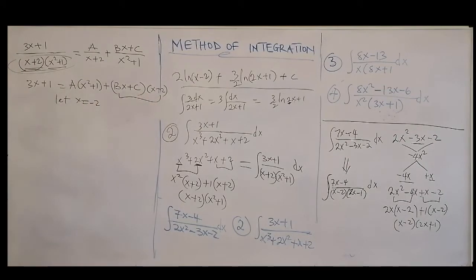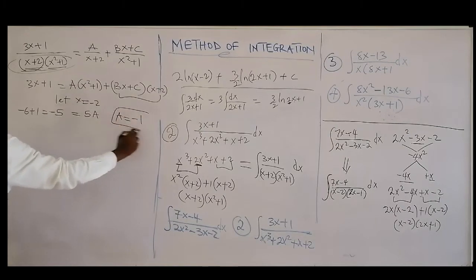I'm going to have minus 6 plus 1, which is minus 5, equal to A times (4 plus 1), so 5A. So A is minus 1.